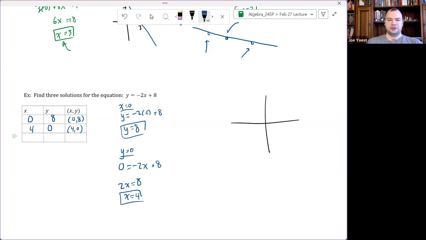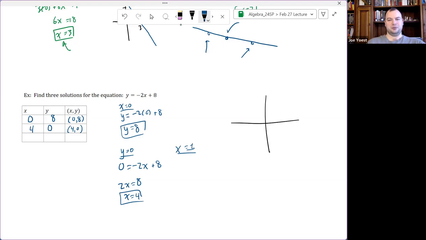And now I want to have a little bit of foresight. I want to choose my next x or y to give myself a whole number, or an integer answer, for the other one. So if I pick x equals 1, I think that's going to work out pretty well, right?